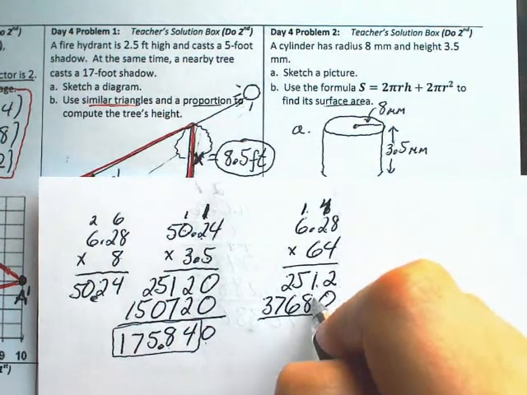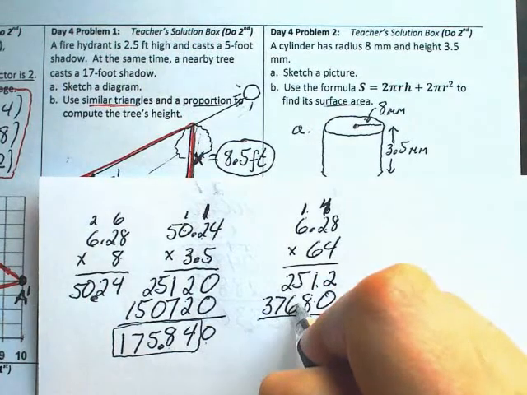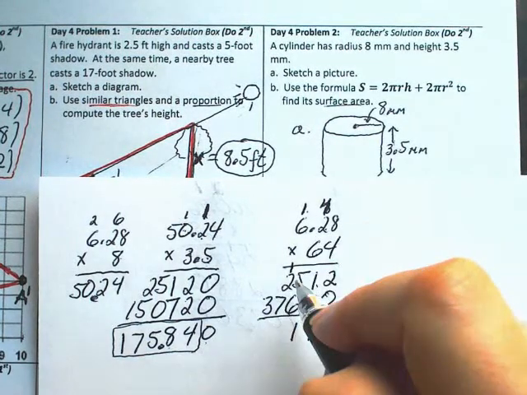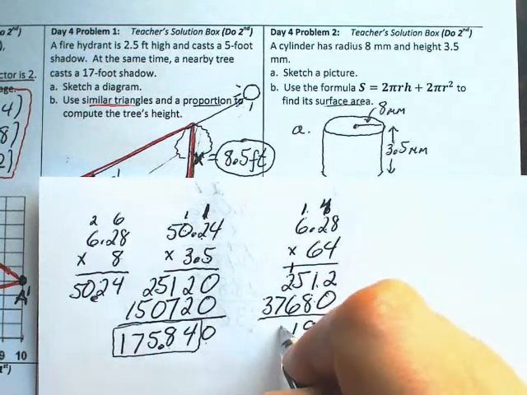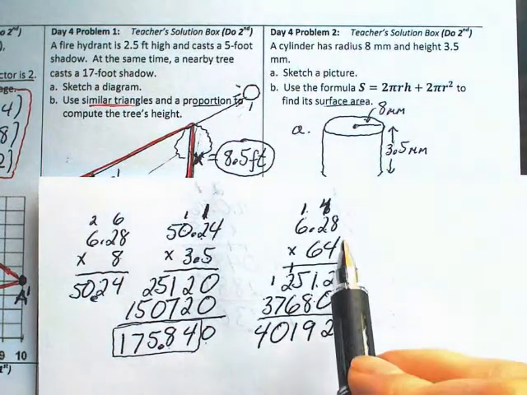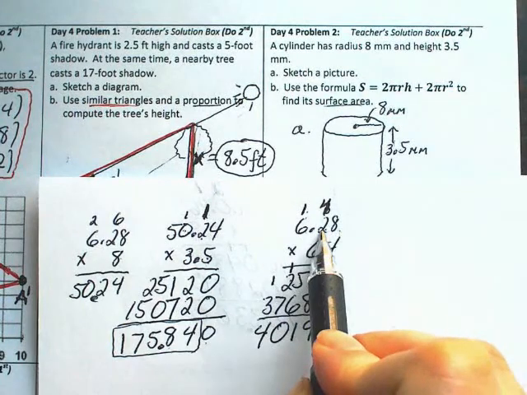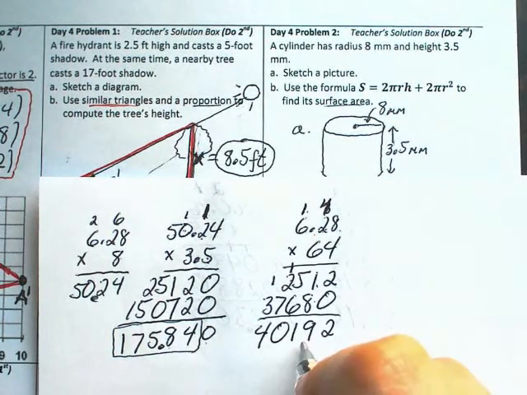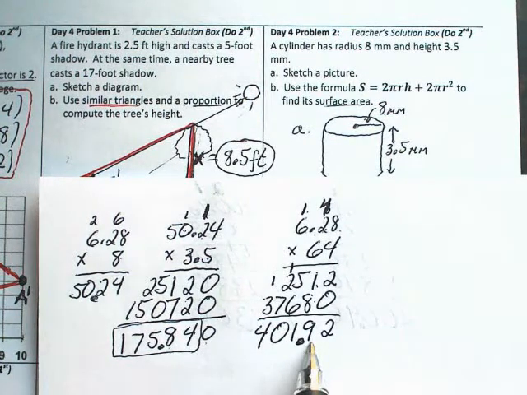That's 2, 9, 11, carry the 1. 3 and 7 is 10, carry the 1. And 3 and 1 is 4. There are 1, 2 digits to the right of the decimal point, and so in the answer we'll put the decimal point here so that there are 2 digits to the right of that decimal point.